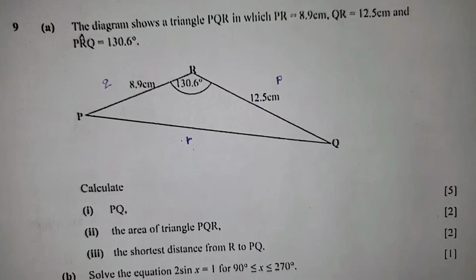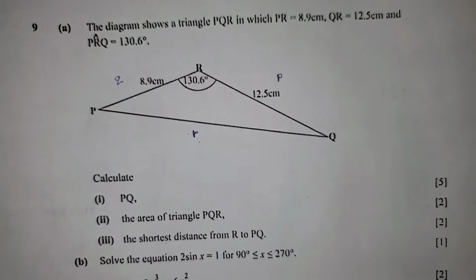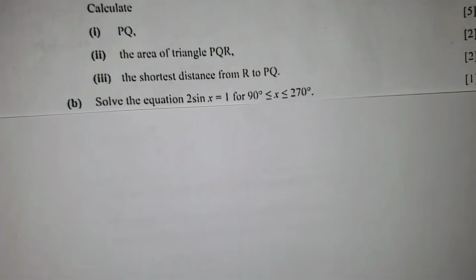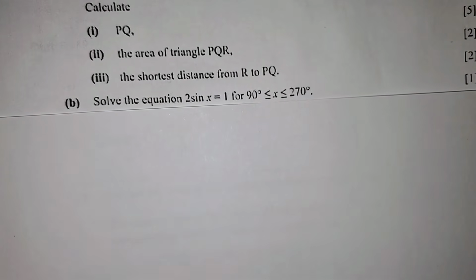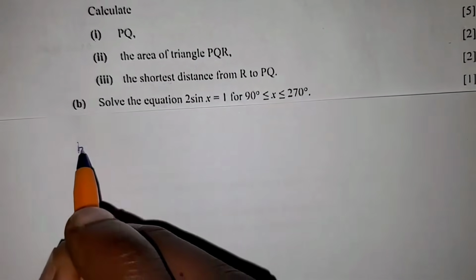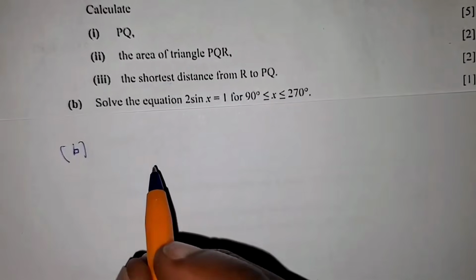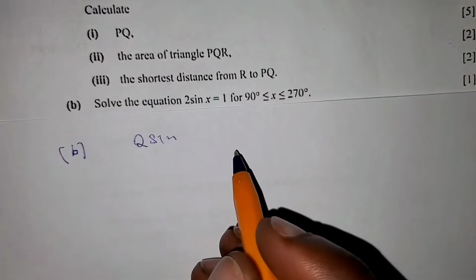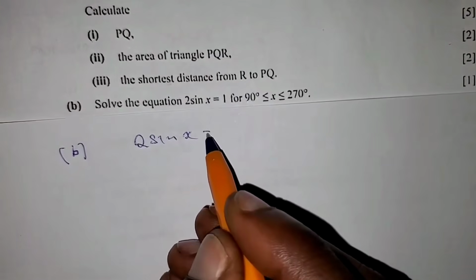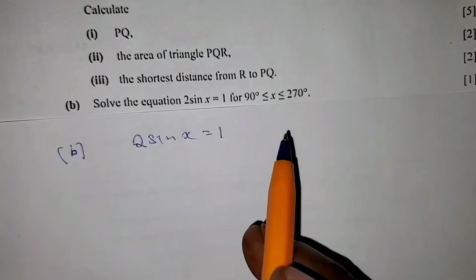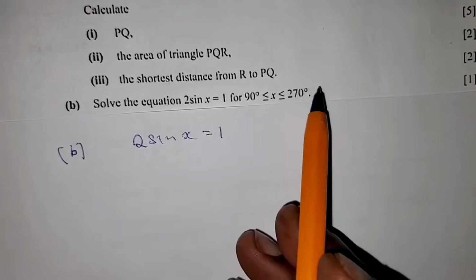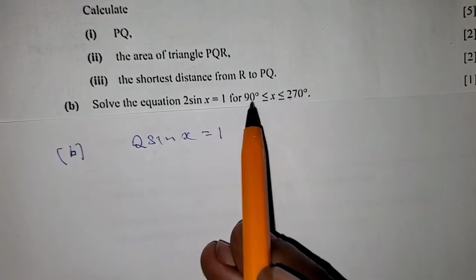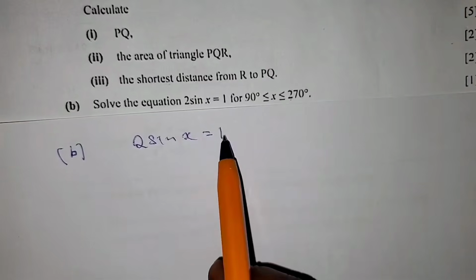Let's now solve the equation. Okay, so we're asked to solve the equation. This is under trigonometric equations. This is B, and the equation you're given is 2 sine x equals 1. Then this is the range, the guidance where our answers should be.